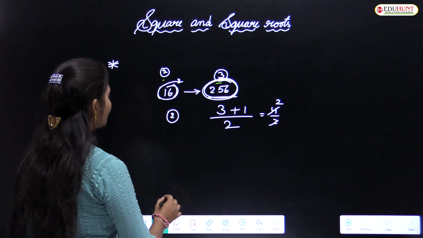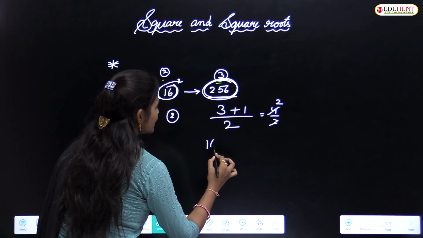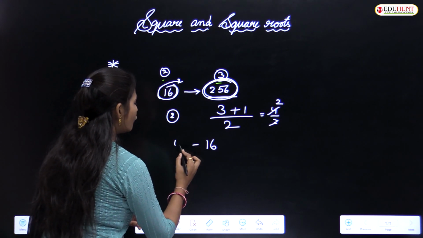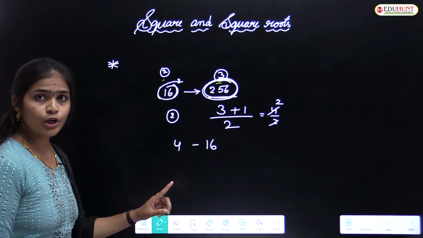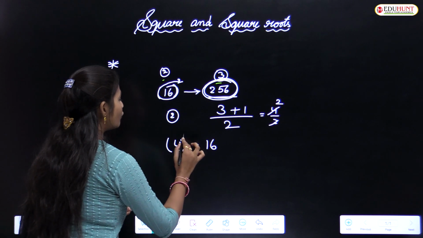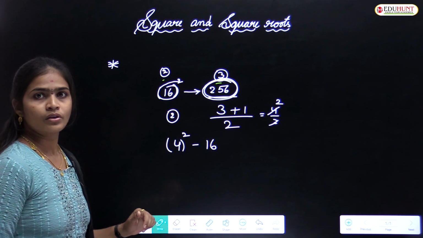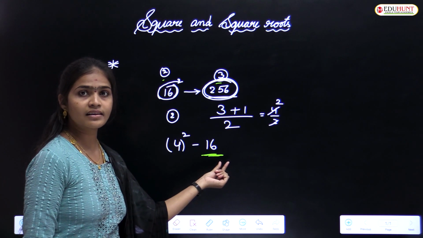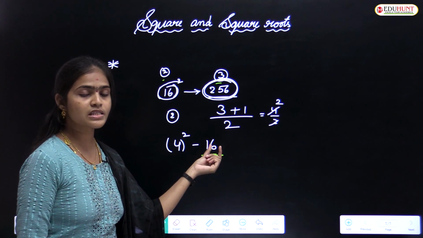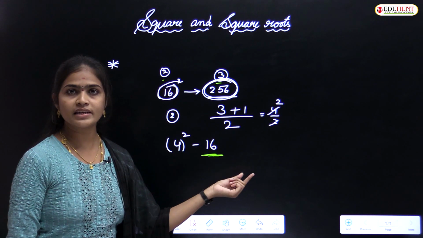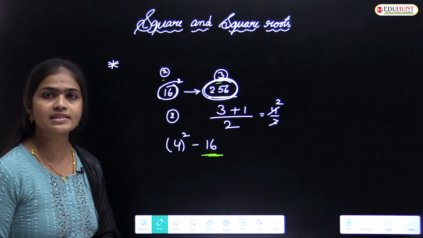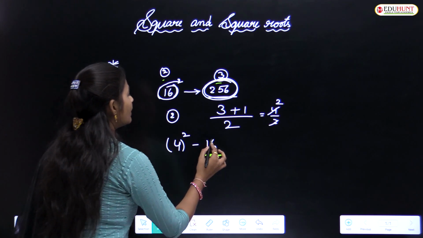For example, 16 is the square of 4, which means 4 times 4 is 16, no? Now this square has 2 digits. If the square has 2 digits, then how many digits does its square root have?